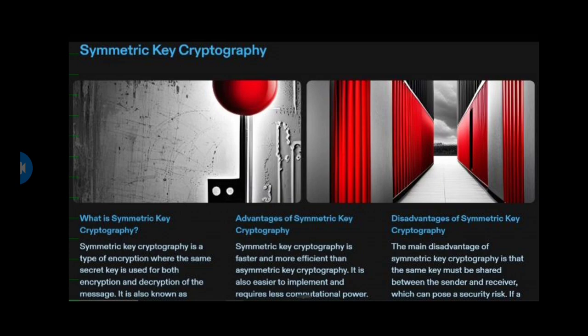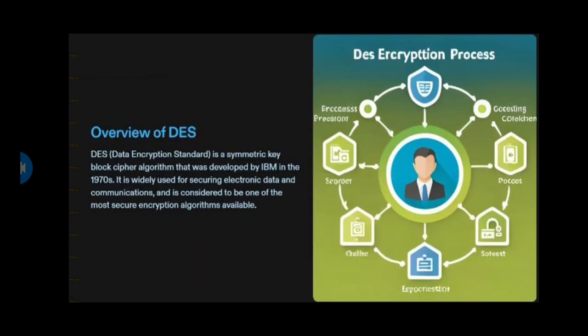And next is disadvantages of symmetric key cryptography. The main disadvantage is that the same key must be shared between the sender and receiver, which can pose a security risk.